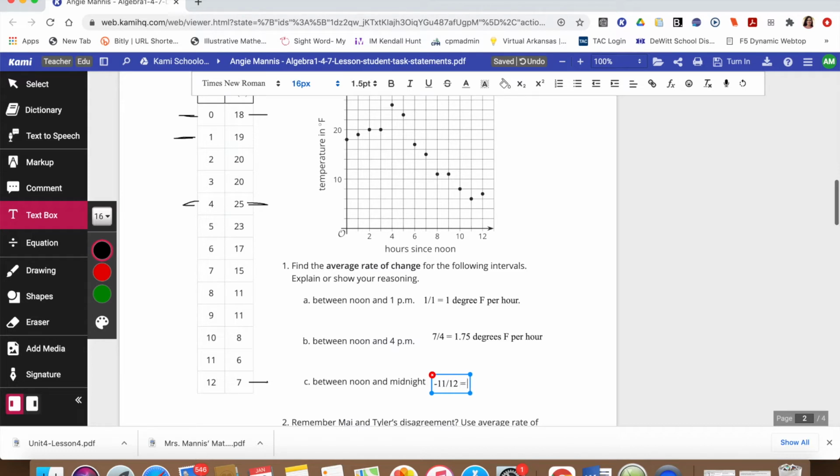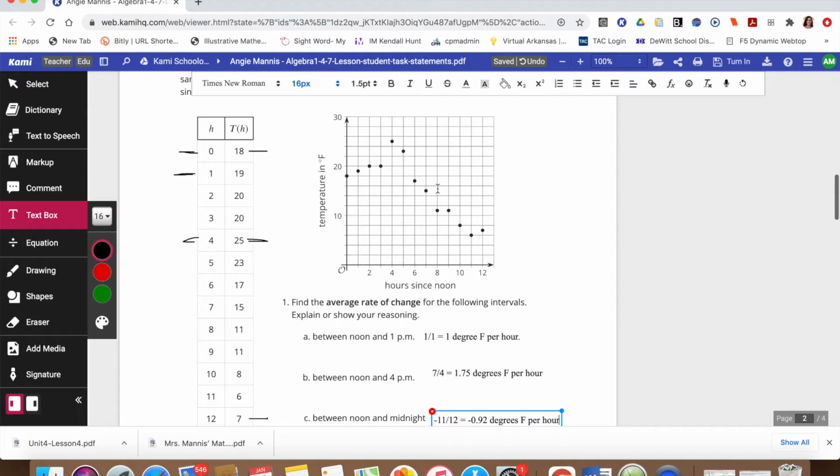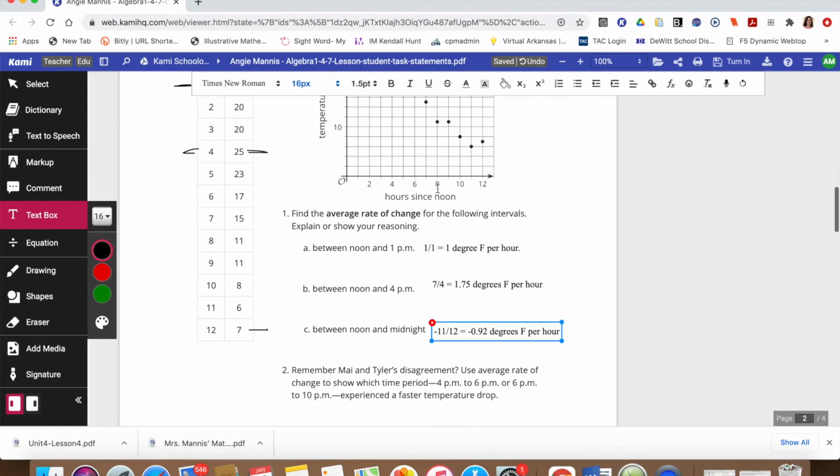And so that gives you negative 0.92 degrees Fahrenheit per hour. So your average rate of change there would be negative 0.92. Another thing you could do is look at your graph and connect those points for those corresponding times, and then calculate the slope of those lines.